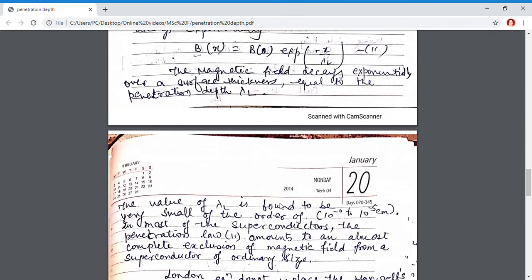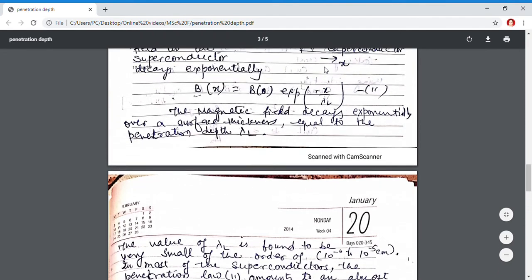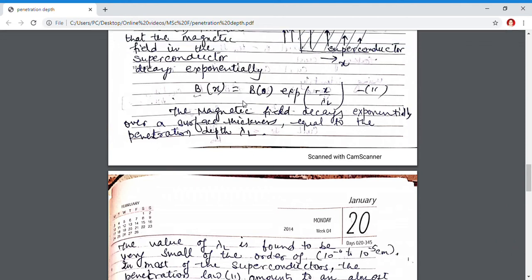This lambda L has a very small value, of the order of 10 raised to power minus 6 to 10 raised to power minus 5 centimeter. Hence, because of the small value of lambda L in this expression, Bx in almost all superconductors is almost 0.